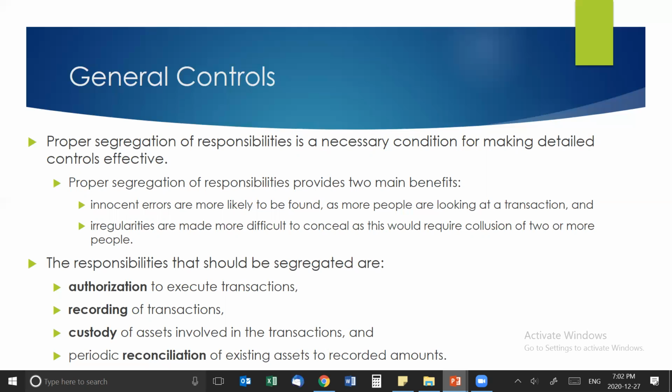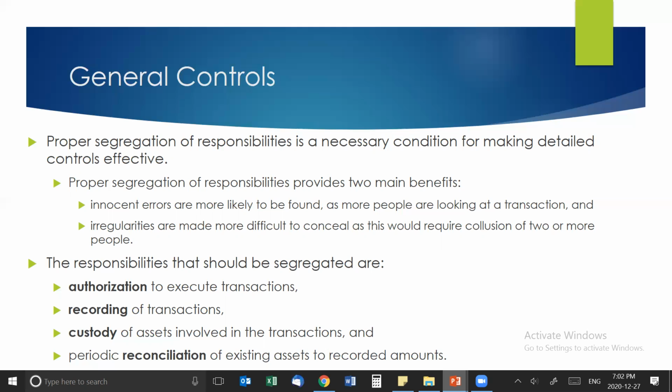The responsibilities that should be segregated are authorization to execute transactions, so who authorizes that a transaction can happen, like purchasing inventory, right? Recording of transactions: if someone's purchasing inventory, they shouldn't be the same person recording the inventory. They shouldn't be the same person that takes custody of that inventory when it comes in.